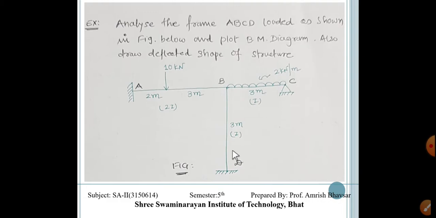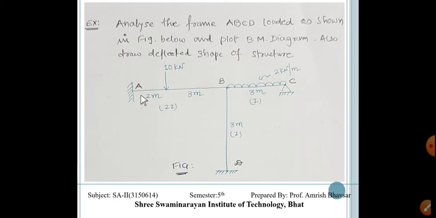But whenever we have a single column, the chances of sway are minimal, because at C there is a horizontal reaction which balances the sway.